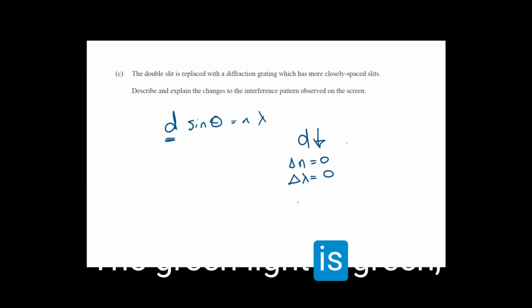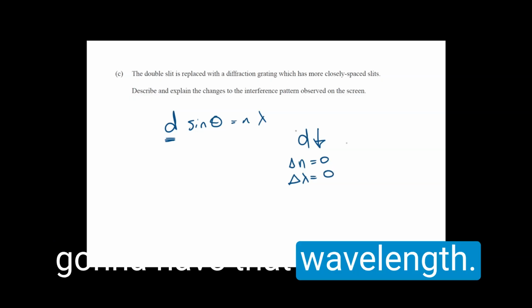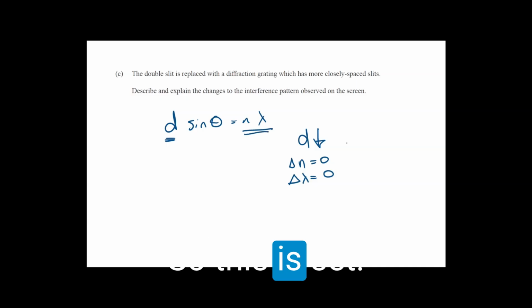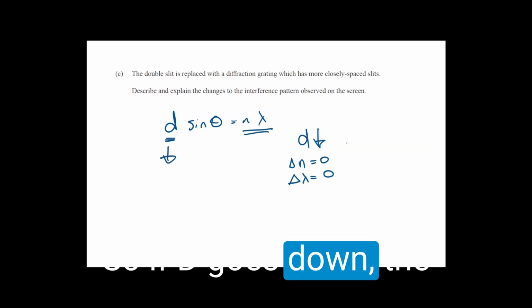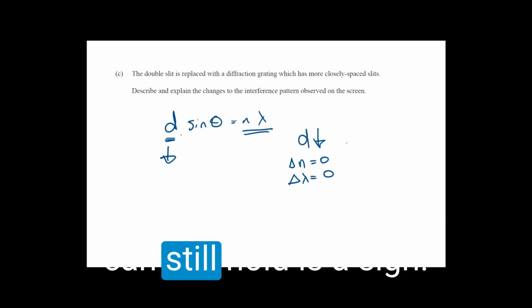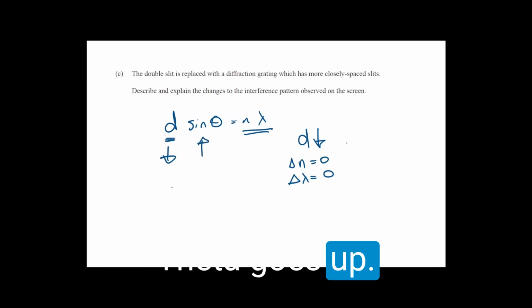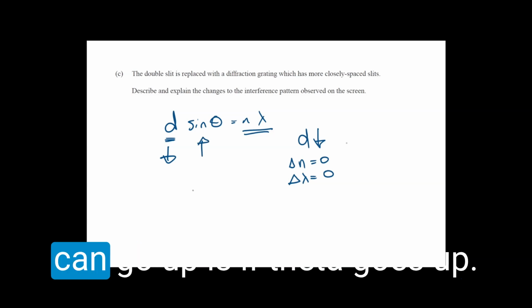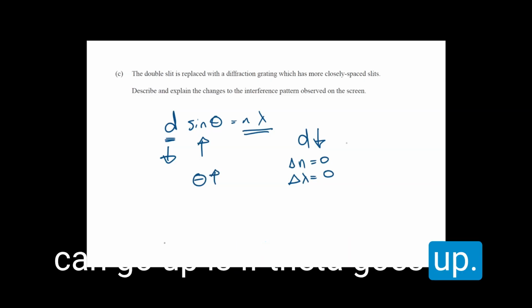Green light is green light is green light. By definition, it's going to have that wavelength. So this is set. If d goes down, the only way that this equation can still hold is if sine theta goes up. And the only way that can go up is if theta goes up.